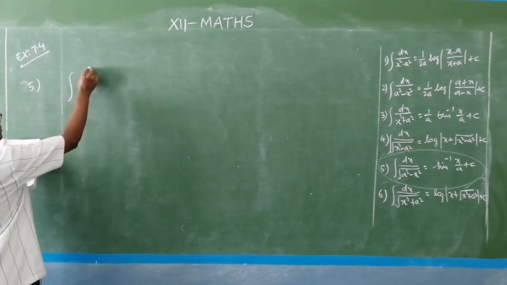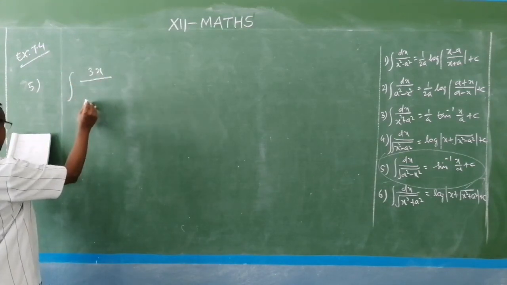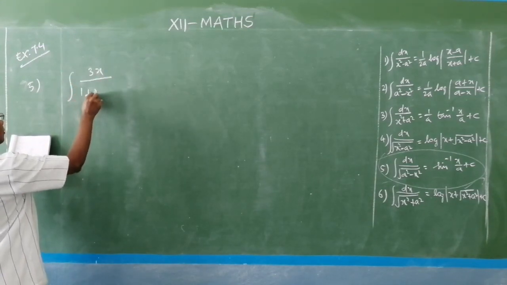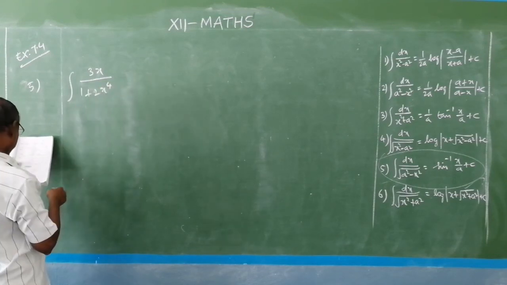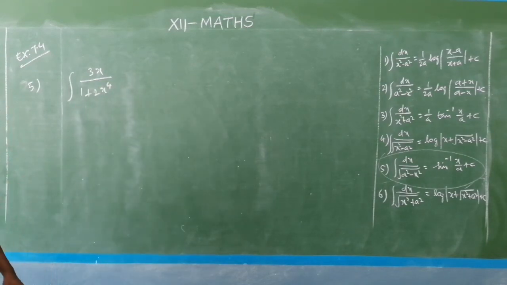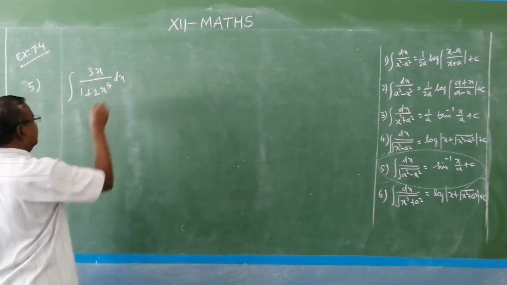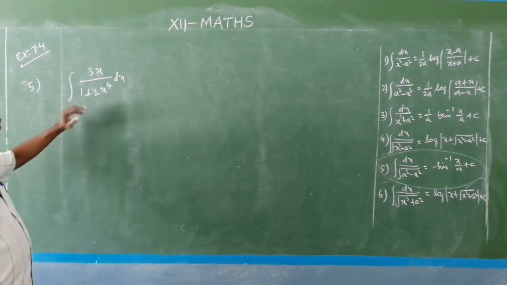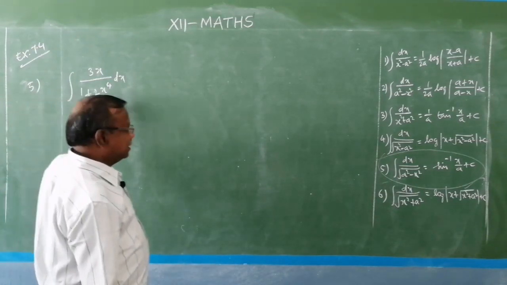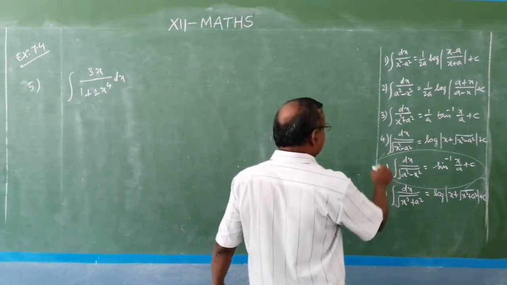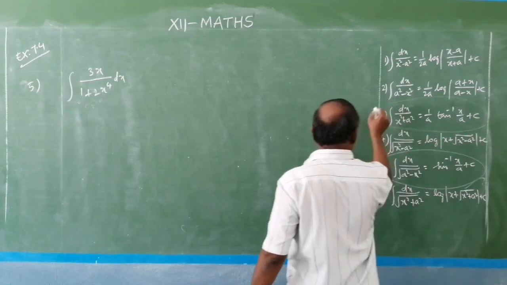Integral 3x divided by 1 plus 2x power 4 into dx. We have to bring it to the a square plus x square formula.